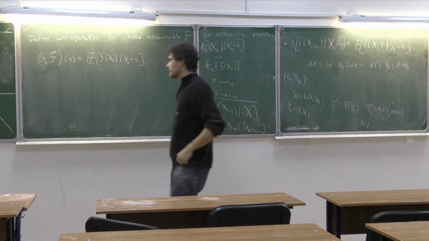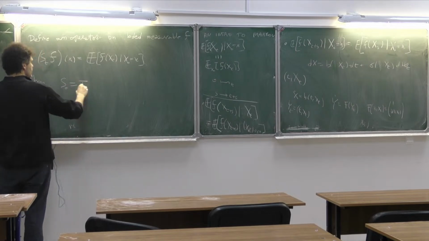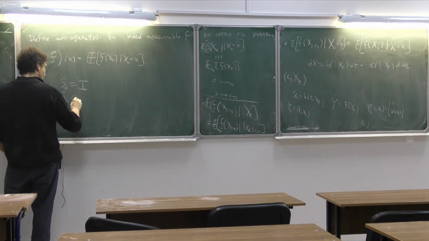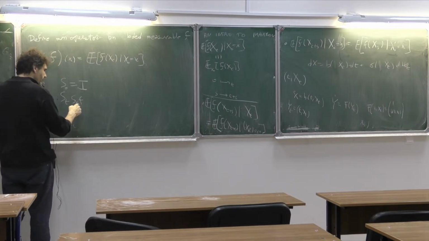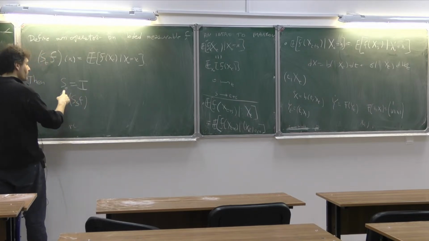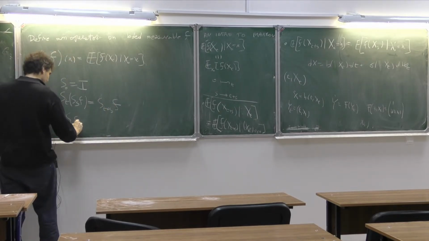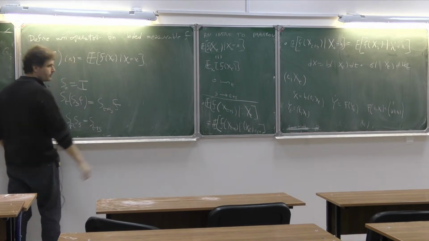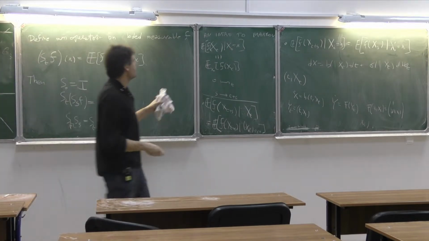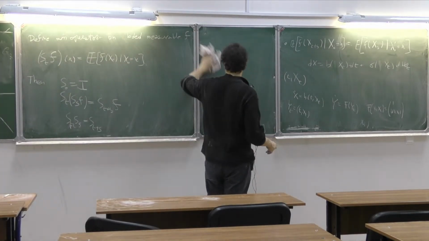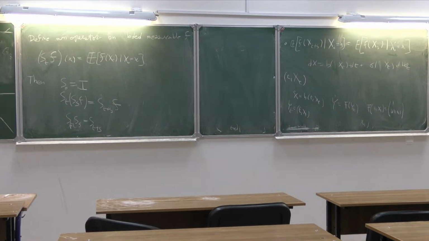This property tells you this is a semigroup. S_0 is the identity, and if I apply S_t to S_s F, so for each F, I do S_s F, this is a new function, and I apply S_t to this new function, this is S_{t+s} F. So S_t S_s is S_{t+s}. And it's the same thing to have the law of the Markov process, or just this semigroup.